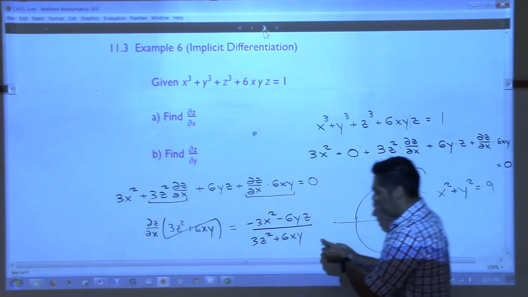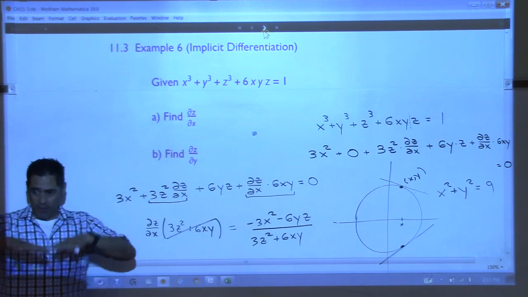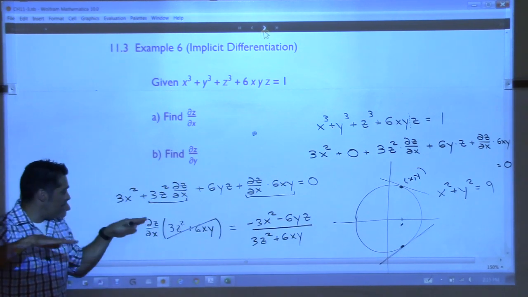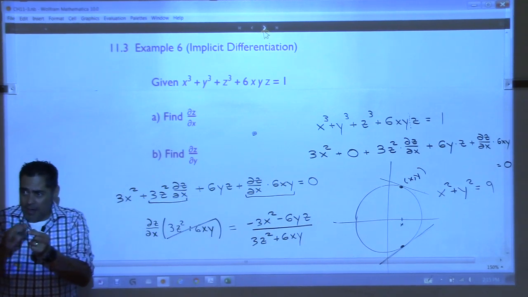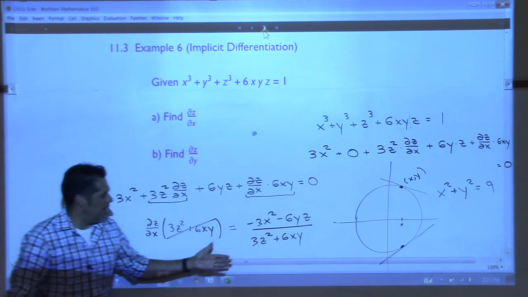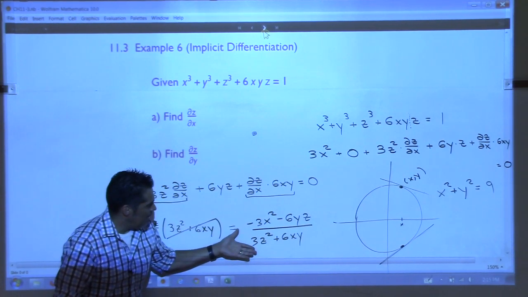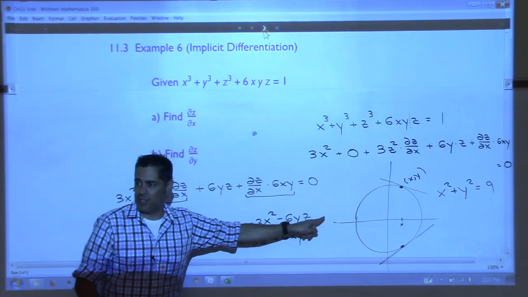What this is saying over here is, if you want to know how fast z, which is our up and down, is changing with respect to x, so if x changes a little bit, how much does our surface go up and down? You're going to need to know not only your x coordinate, but your y coordinate and your z coordinate.